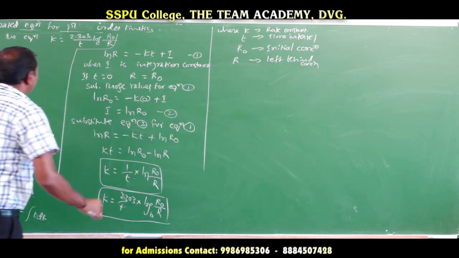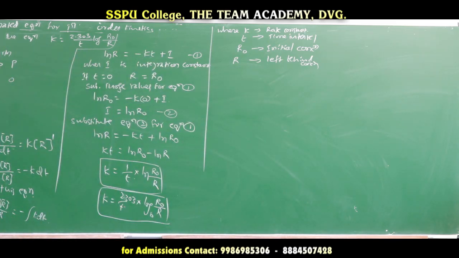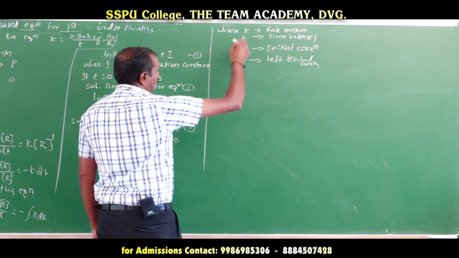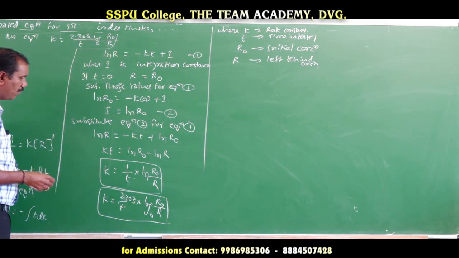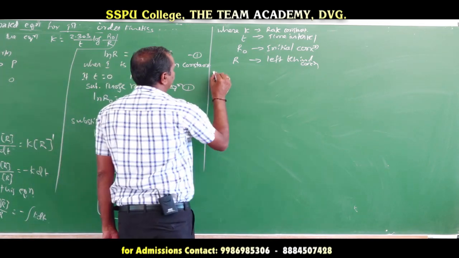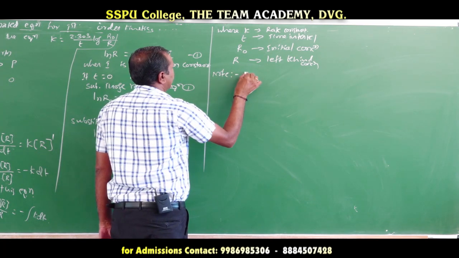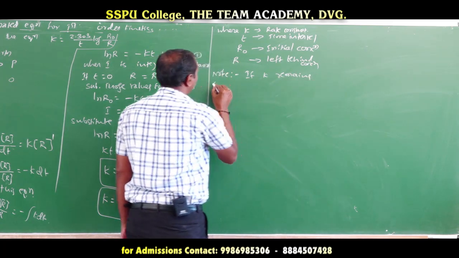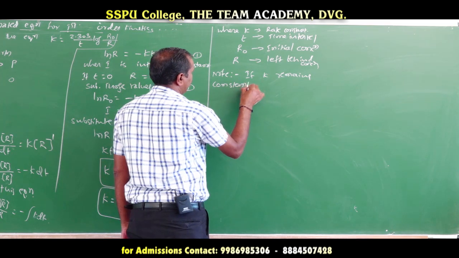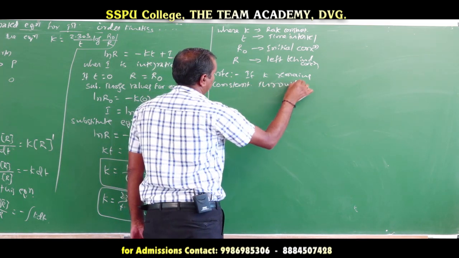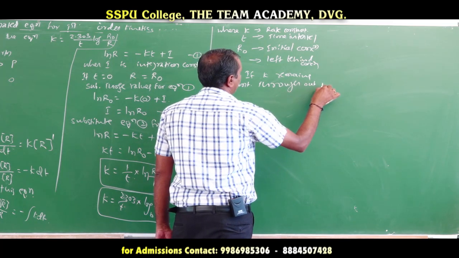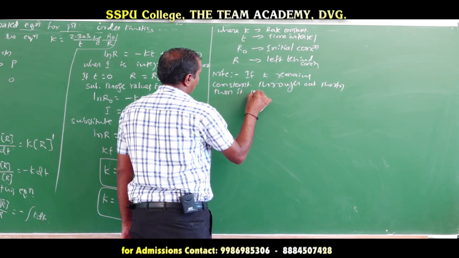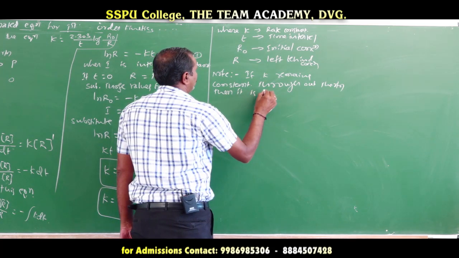Here we know all the terms: k, t, R naught and R. So the condition is, if k remains constant throughout the reaction, then it is first order kinetics.